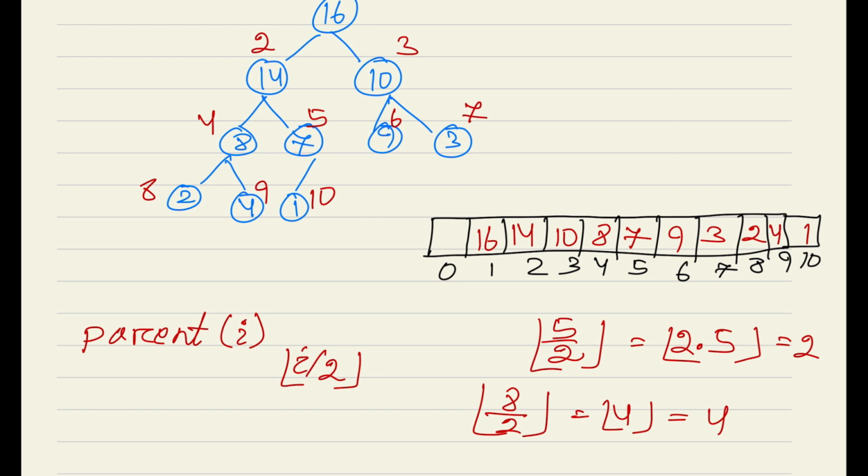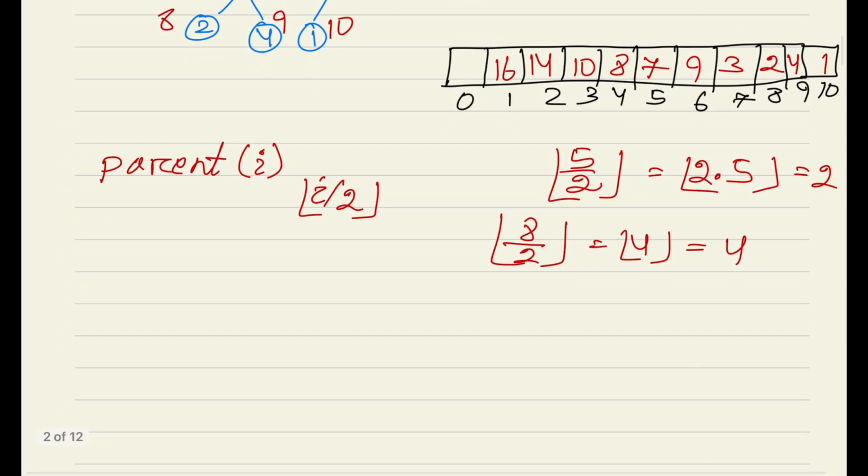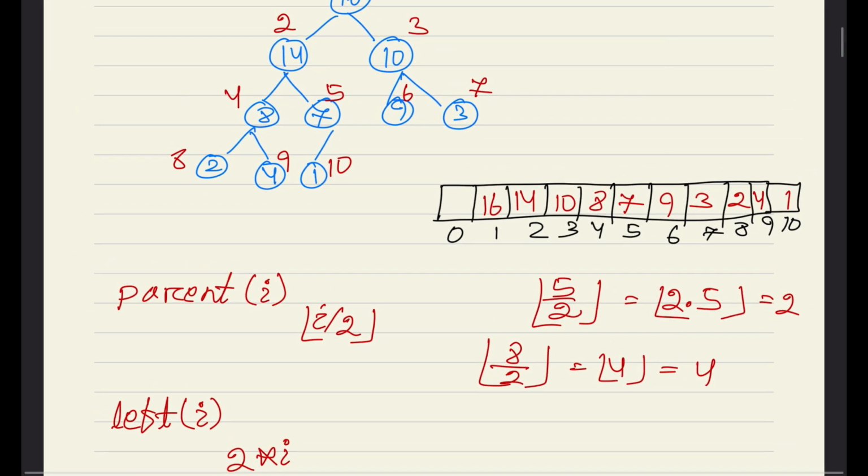Similarly, if we want to find the left child of a node that is at index I, it is 2 into I. Suppose I want to find the left child of 7, which we took previously. Its index is 5. So the left child will be 5 into 2, that is 10.